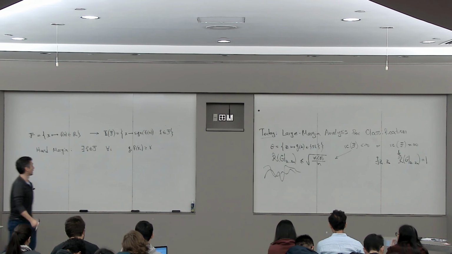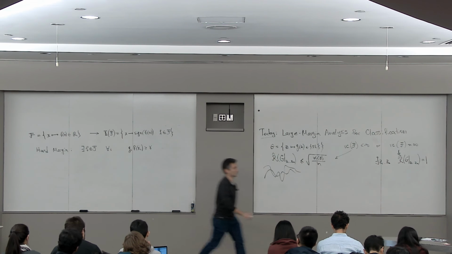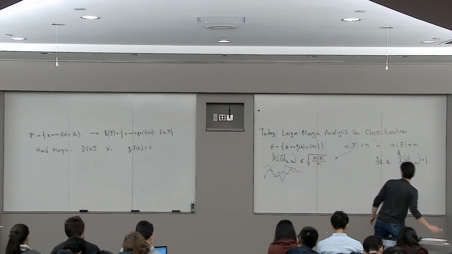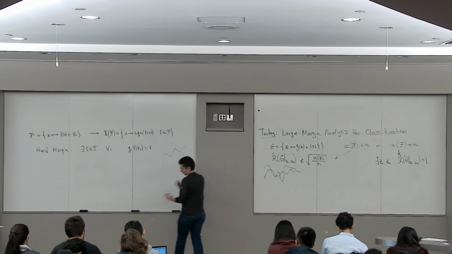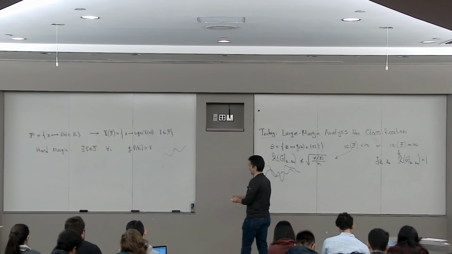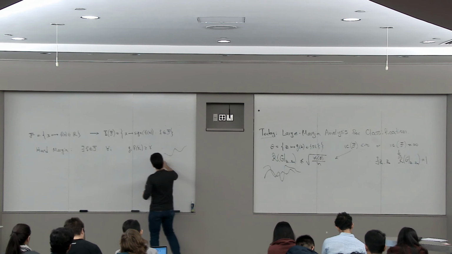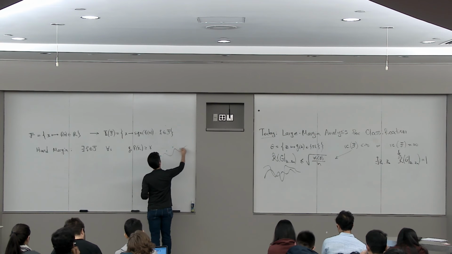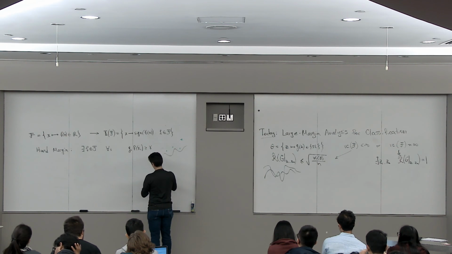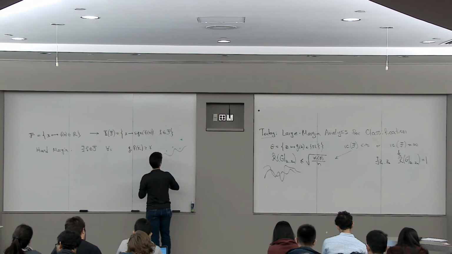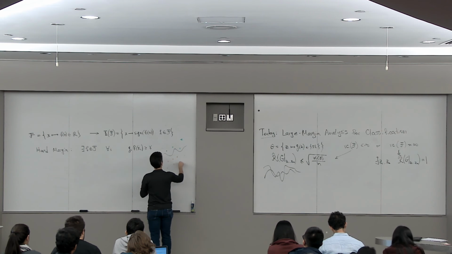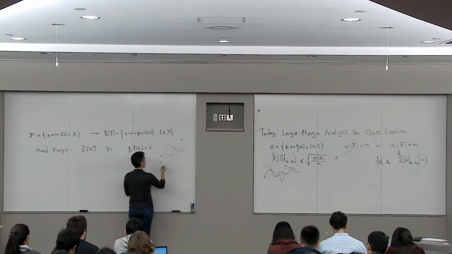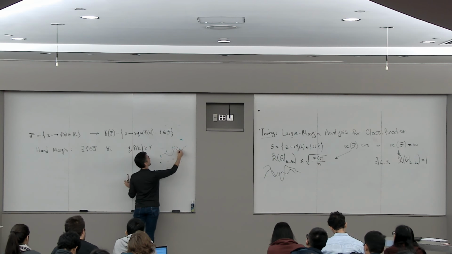And so the picture for that is that f defines a classifier, a separating boundary, and there are pluses here, and there are minuses here, and there's a no man's land somehow.